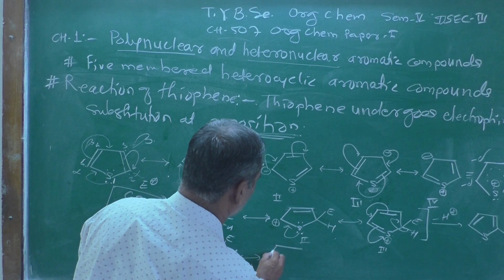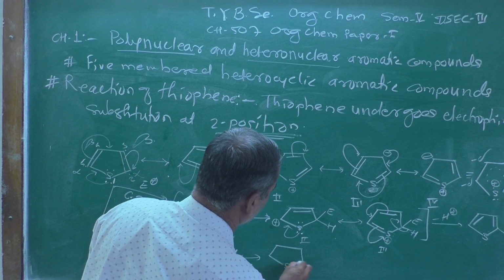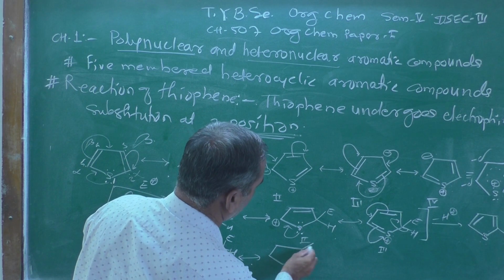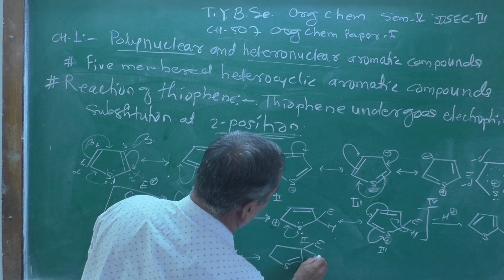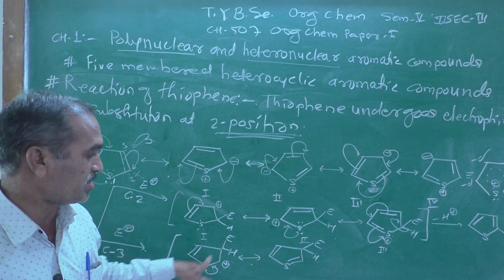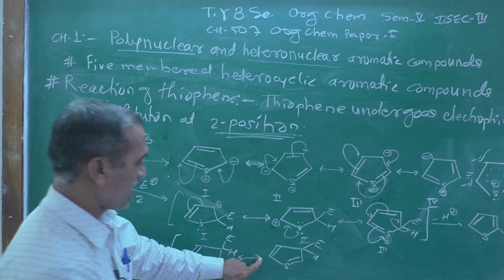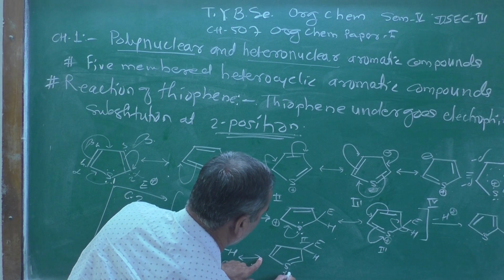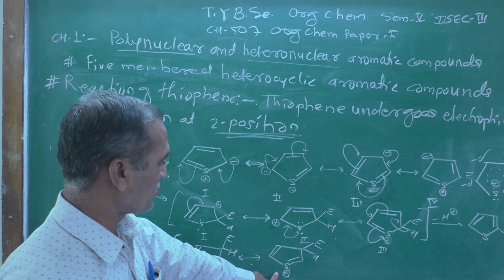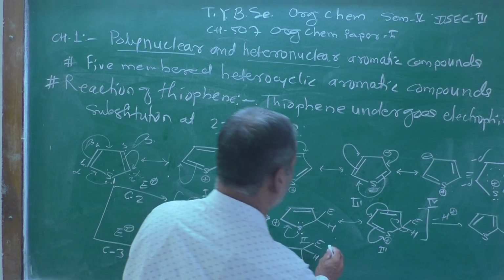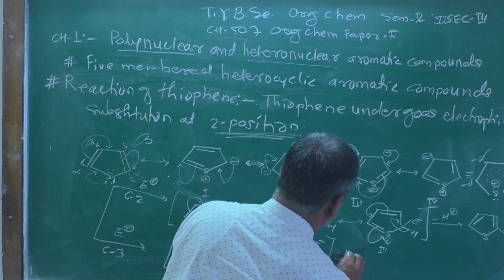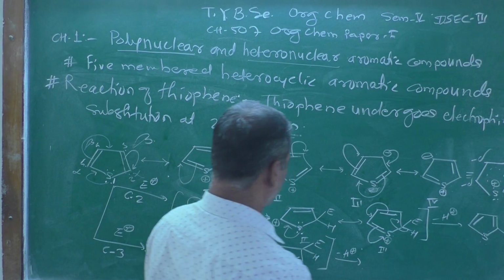You will get the structure like this, forming a double bond here, with the electrophile and hydrogen atom, and this double bond is not participating in the resonance, it remains as it is. Now I am putting that positive charge on that heteroatom, and after that there will be a loss of proton H plus like this.